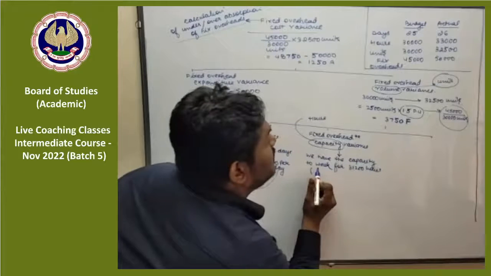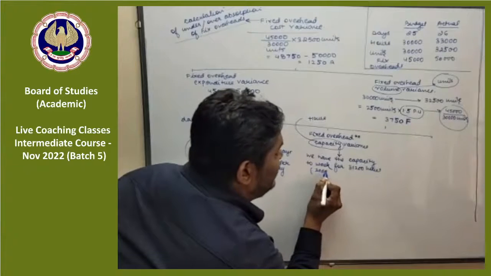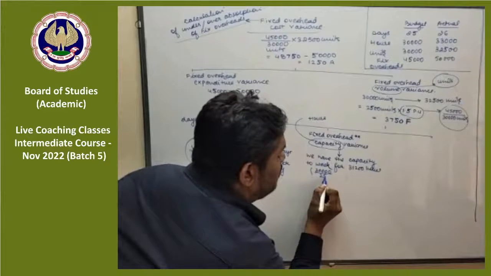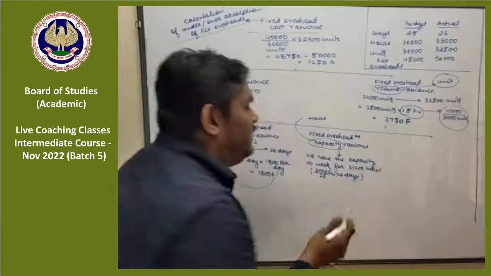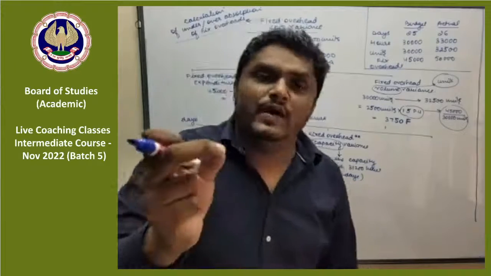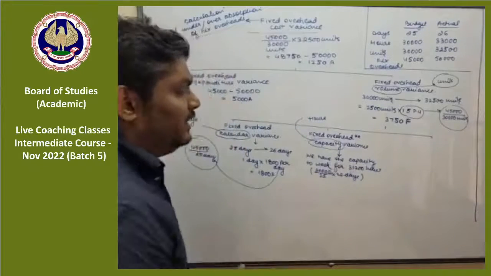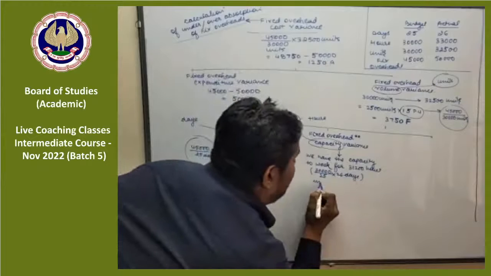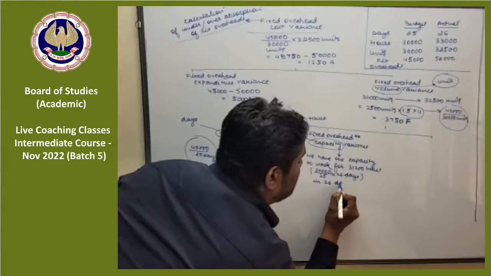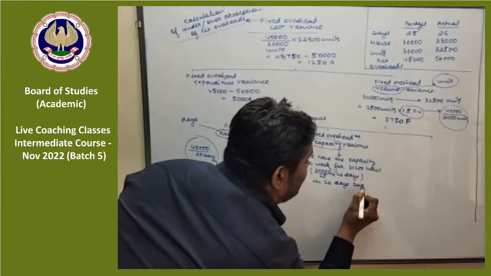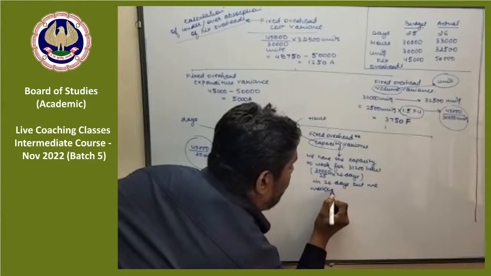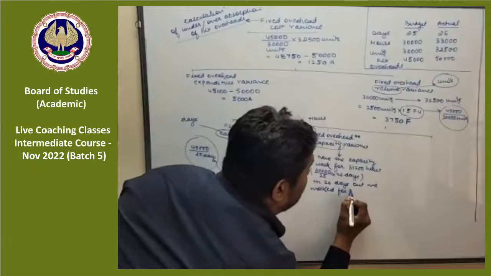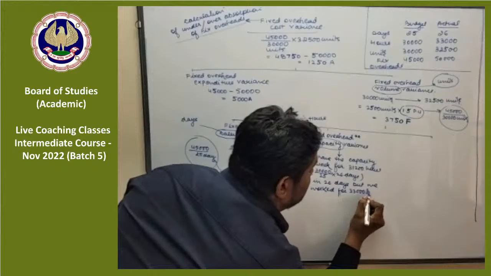That is 30,000 hours in 25 days, so in 26 days, 31,200 hours. We have the capacity to work for 31,200 hours in 26 days, but we worked for 33,000 hours.